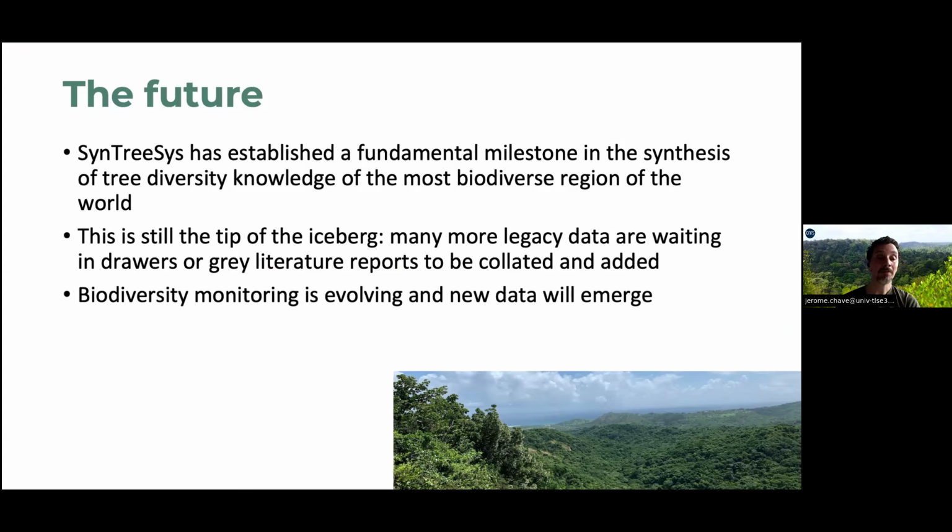So we are not there yet, and we'll make progress if we are allowed to keep on working together. Biodiversity monitoring is evolving, and new data will emerge. So it's not only collecting the legacy data, it's also being aware that new data is being collected and including these partners in this exercise.